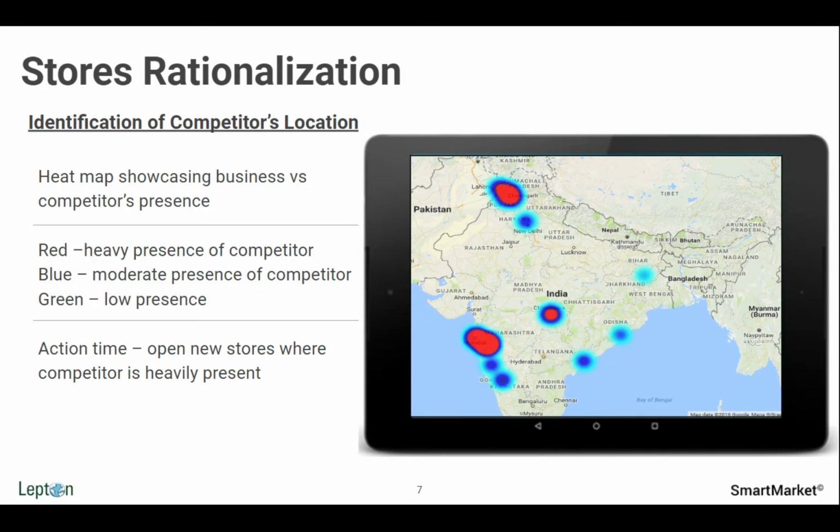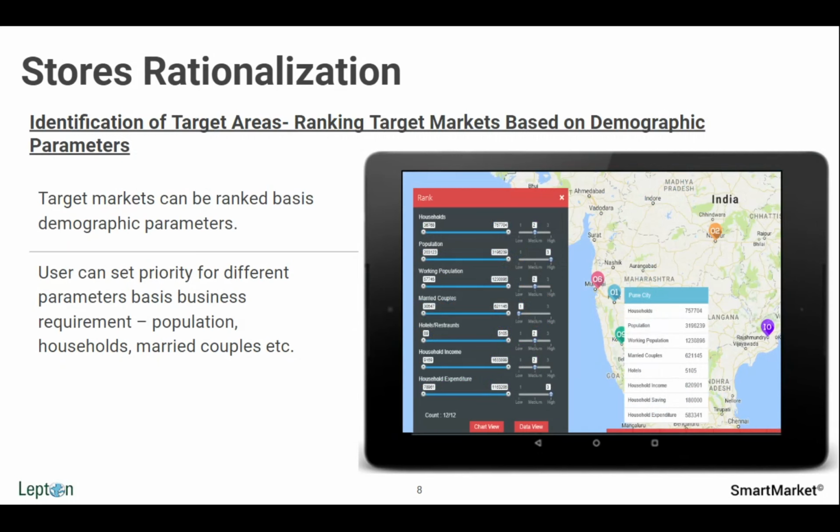The second logical step would be, if I plan to open new stores across India, to understand those locations where my competitors are not heavily present, and secondly, whether those locations possess business potentiality for me. How do I go about understanding this?